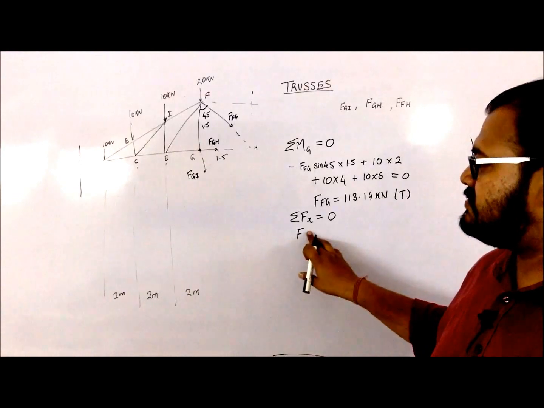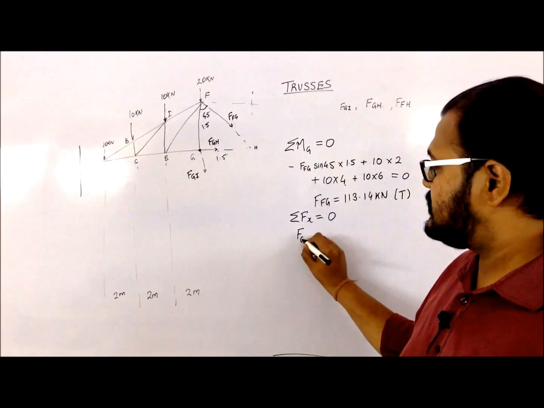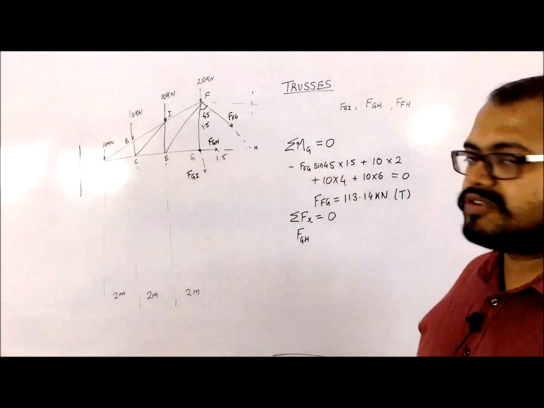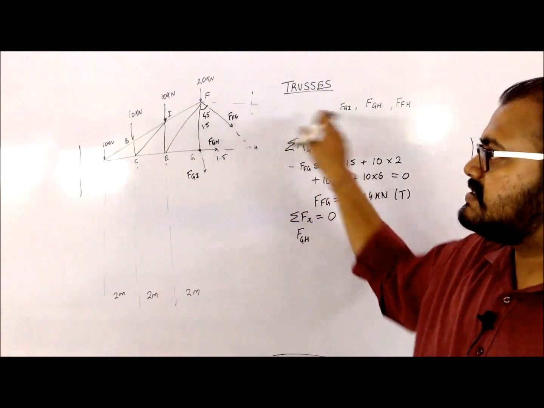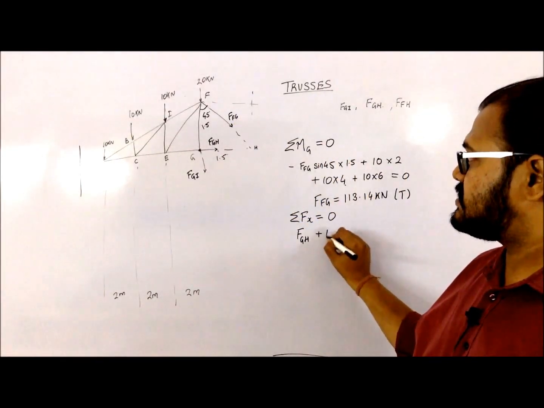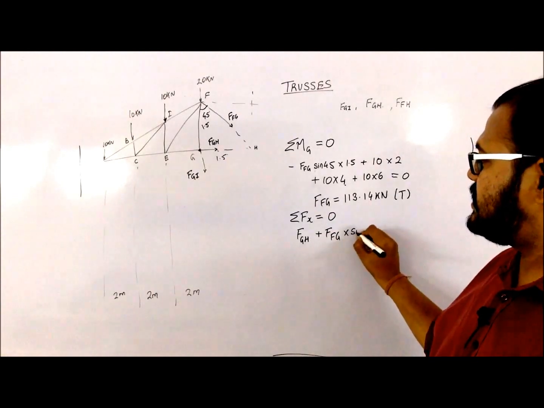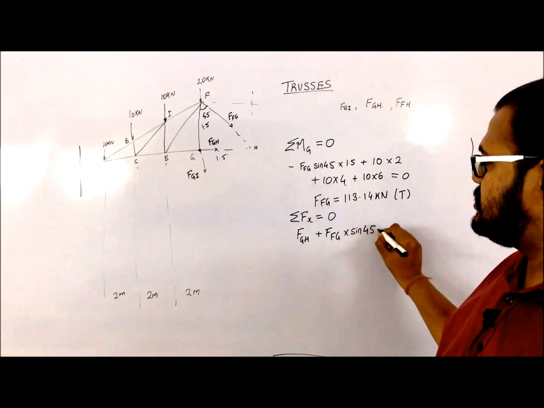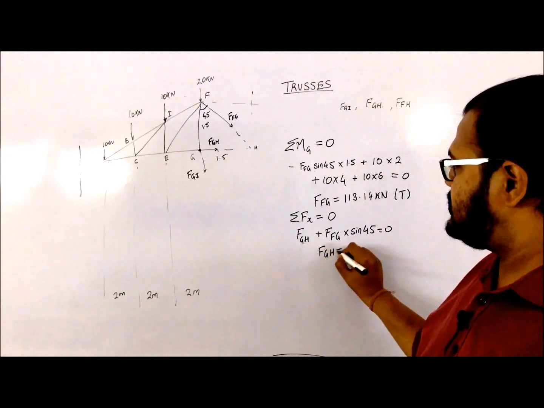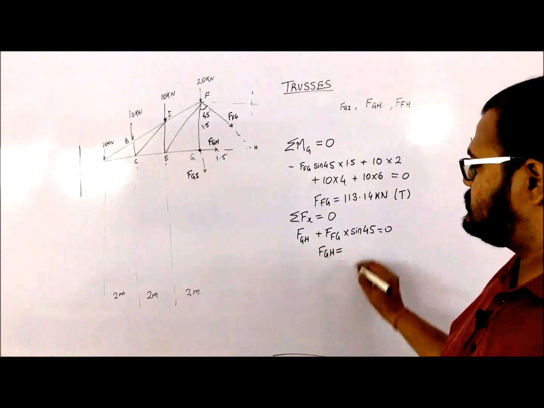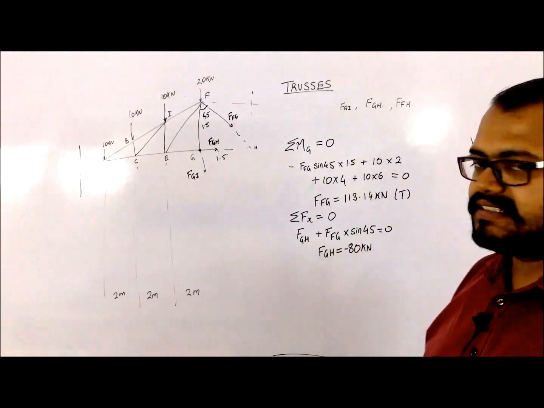So summation Fx will have the forces, that is FGH, which is going in the positive x-axis, and the component of FFG which is also going in the positive x-axis. So FFG into sine 45, which is equal to 0, and my FGH will have the value 80 kilonewton with a minus sign.